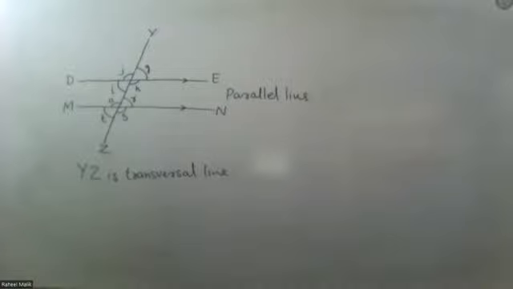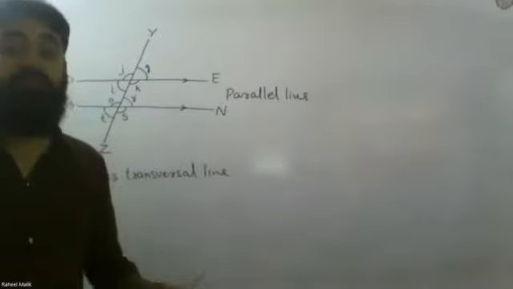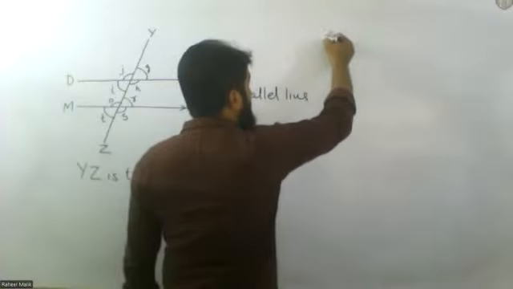Now, when these angles are formed, all of these angles, in pairs, are called by different names. What are those different angles?